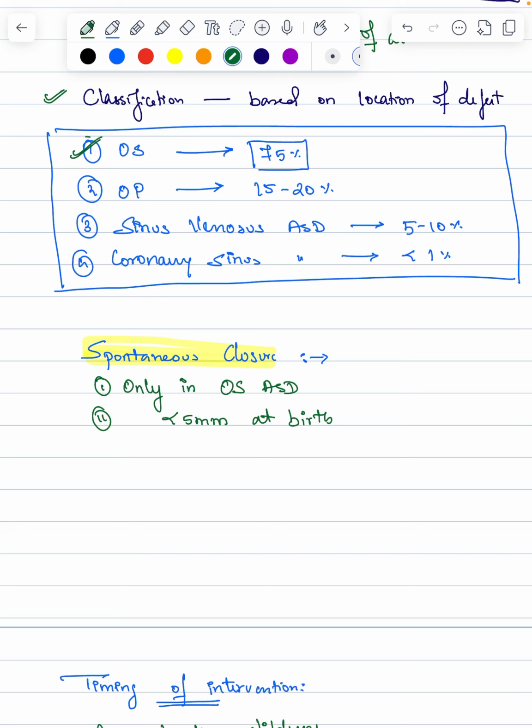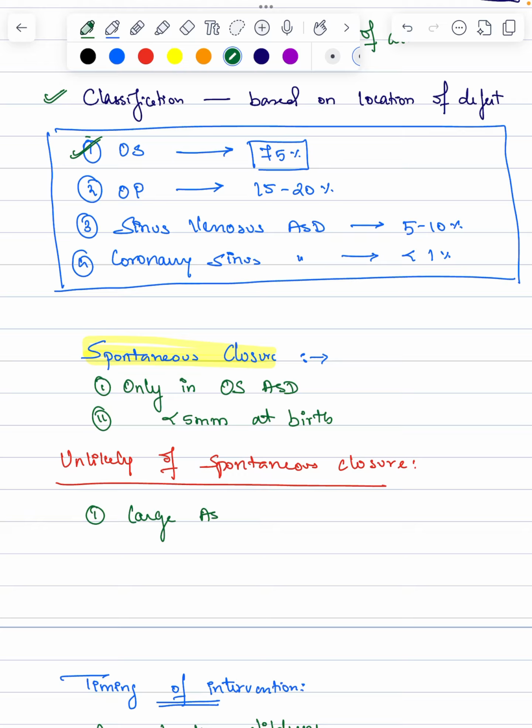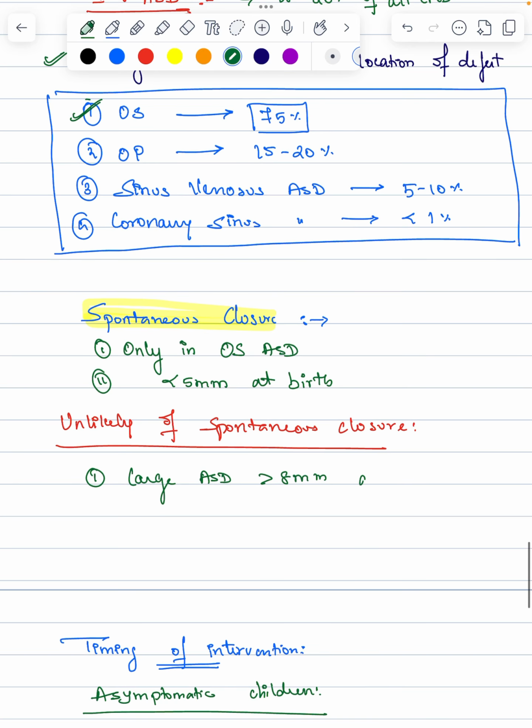So which are the conditions where there won't be any spontaneous closure? Unlikely spontaneous closures are, first one, a large ASD measuring more than 8 millimeter at birth is unlikely to close.